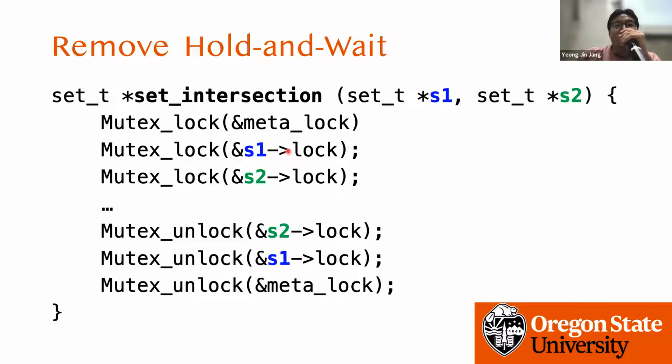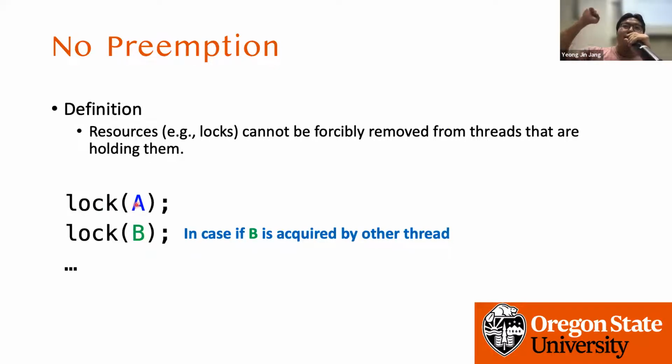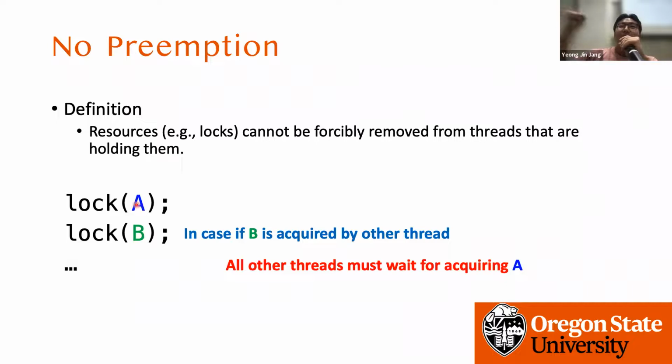And a similar case can be avoided by having a trylock. The concept of the trylock is that suppose there are two locks to acquire, A and then B. If a thread can acquire lock A but fails to acquire lock B, then instead of holding lock A, it releases lock A and lets others have the chance to acquire both locks.